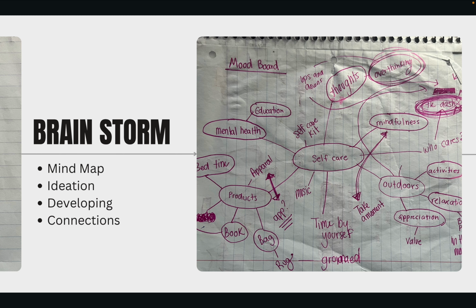So from there, I moved on to brainstorming, and in this step, I created a mind map to really help me develop different ideas and get all my words down on paper. And with these words, I was able to make different connections and find out what worked together and what didn't.